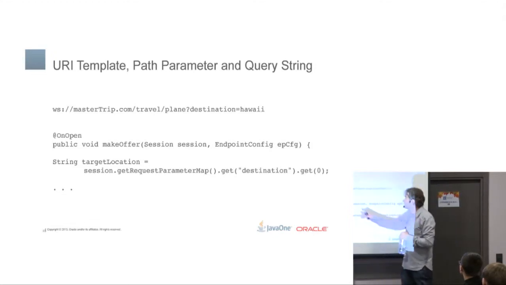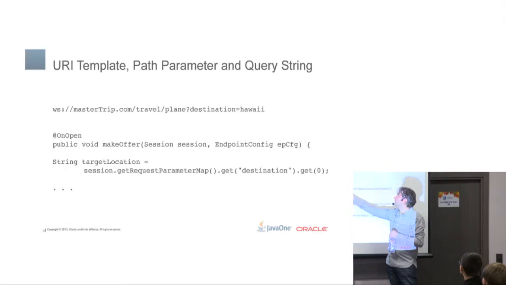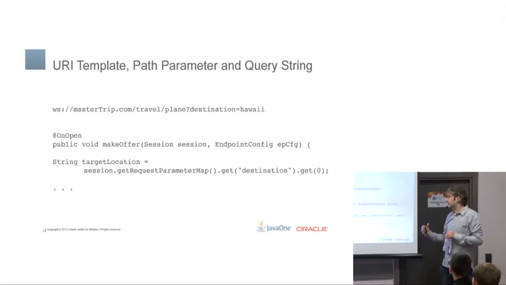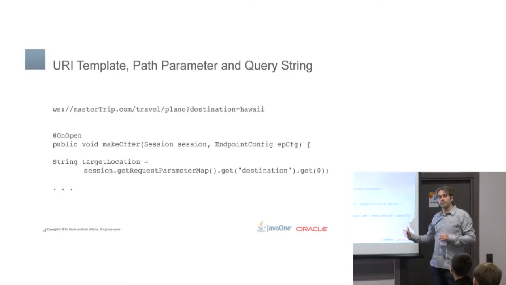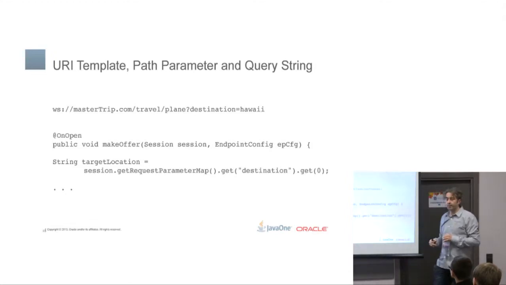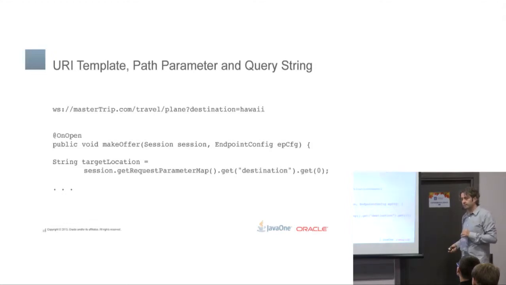Maybe this is the web context, and this is just the URI, or the context is root and this is a template, we don't know. But anyway, what's important here is that there is a destination, and obviously we are able to get that information from our code. If on the session object we call getRequestParameterMap, we'll have access to all the parameters which have been passed in the query string, and we can obviously work on them.